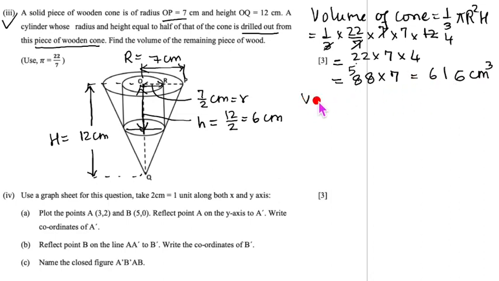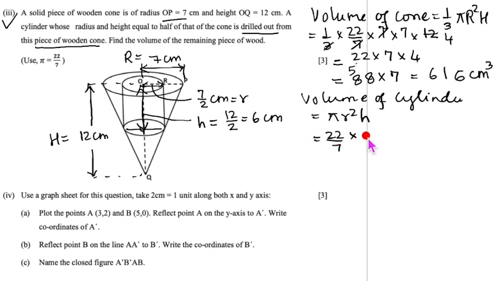Now the volume of the cylinder will be equal to pi r square h. So that is 22 upon 7 into the radius, 7 upon 2, into 7 upon 2, into the height, which is 6. 7 and 7 got cancelled. 2 ones and 2 threes, and 2 ones and 2 11s.